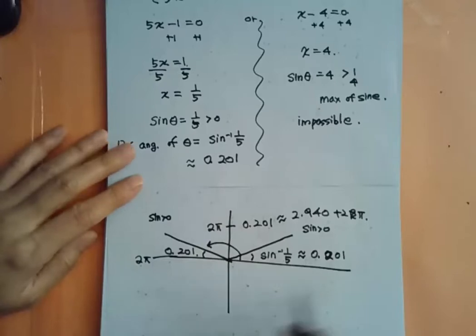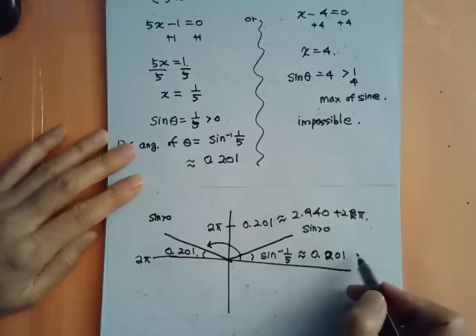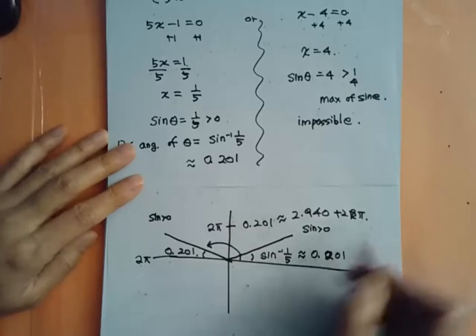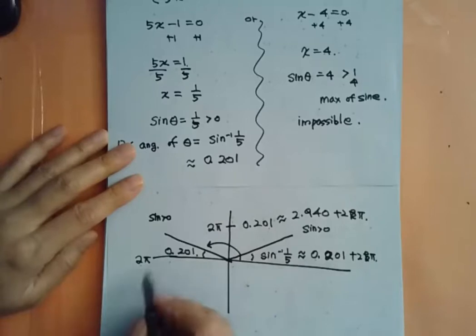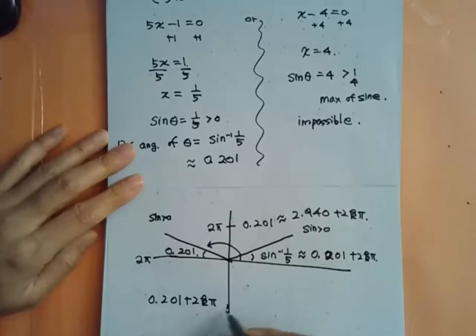So we are getting two answers. One is 0.201 plus 2k pi, and the other one is 2.940 plus 2k pi.